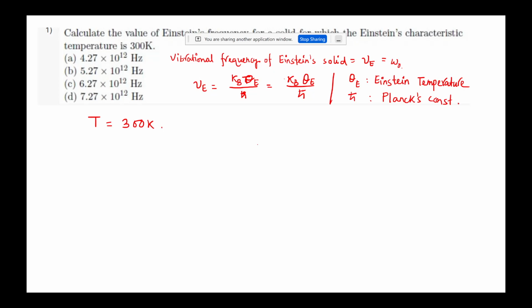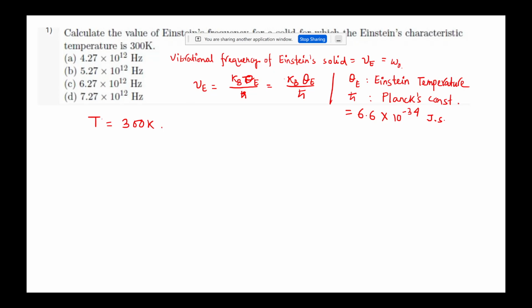Let me see the actual value of Planck's constant. Okay, this is 6.6 into 10 to the power minus 34 joule second.